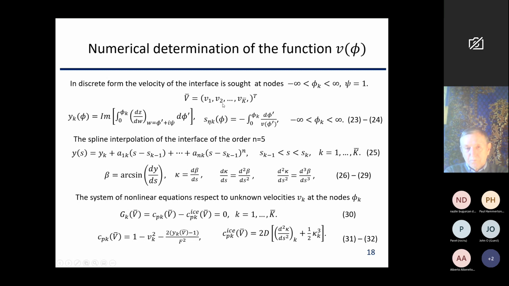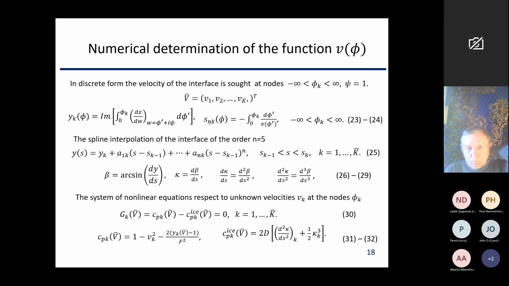First, we consider velocity at nodes, discretize the interface, and v1, v2 are the velocity magnitudes at nodes. Then we can solve the equation for the function beta, and we can compute the shape of the interface.